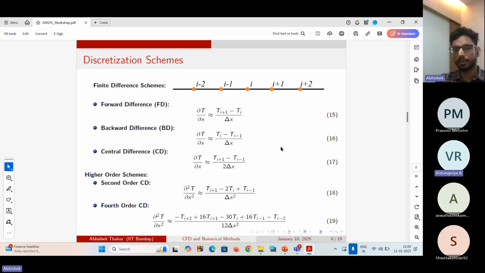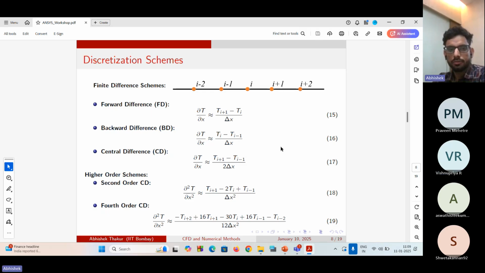Because we have to put that in the equation. So what we do is we simply say that the temperature gradient del T by del X at I is nothing but Ti plus 1 minus Ti divided by the delta X, that is the distance between the two. That is a simple discrete form of gradient. So we have now approximated the gradient. That's what we need: an approximated gradient at every point in the domain.